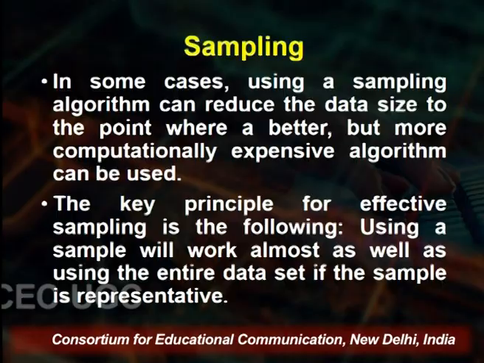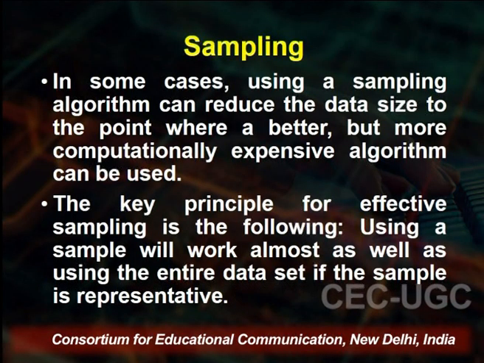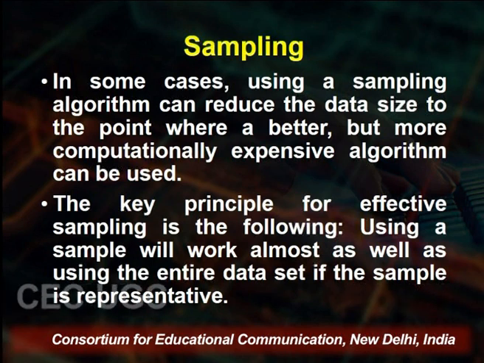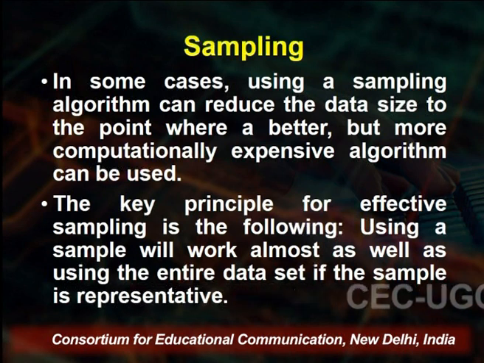So we cannot look at the complete population, we need to look at a subset, so that we can optimize the processing time and the memory requirements, right. In some cases, the sampling algorithm will reduce the data size to a point where a better but more computationally expensive algorithm can be used, because you have reduced the size of your data set. So definitely you can run a very computationally expensive algorithm which will give you better results, right.